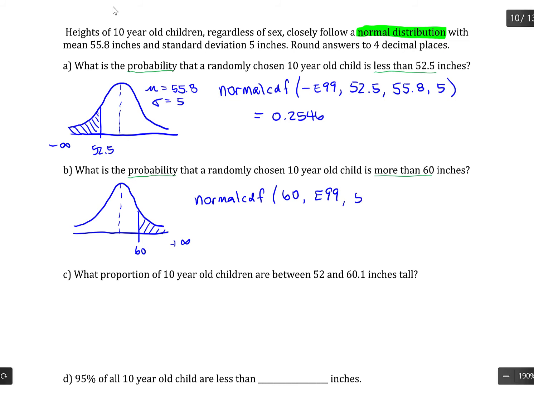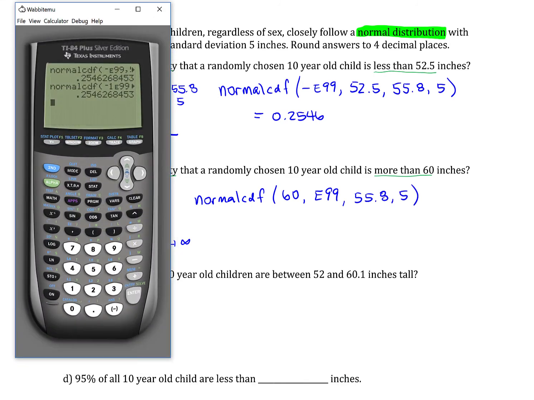And then the mean is 55.8, and standard deviation is still 5. So normal CDF, and just enter your inputs accordingly. And we come up with 0.2005.